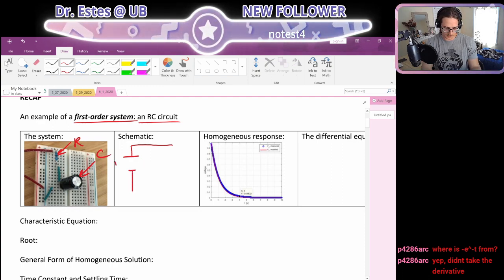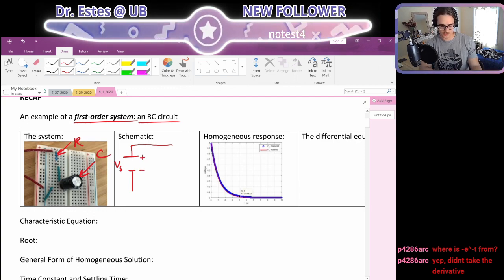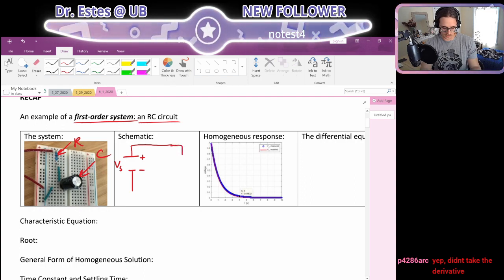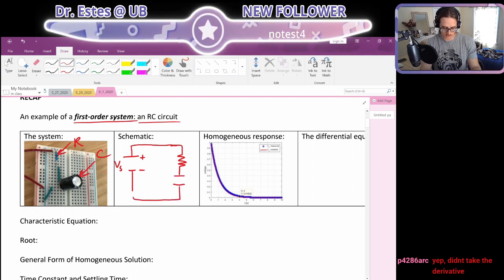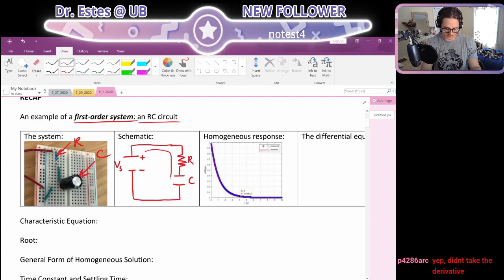We have a source voltage, which I was providing from an Arduino, and then it goes through a resistor, then it goes through a capacitor, and that completes the circuit. And we could even throw the current going through here.